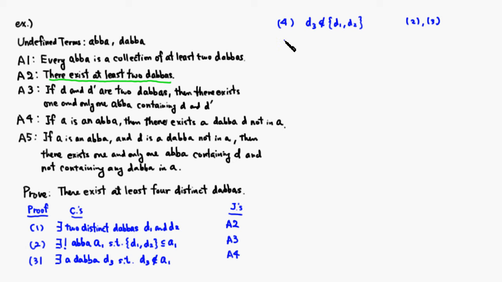So number 5. We say there exists, actually, let's see. If A is an aba, D is a daba not in A, like D3 is not in A1, then there exists one and only one aba containing D and not containing any daba in A. So there's going to be another aba, actually a unique one.